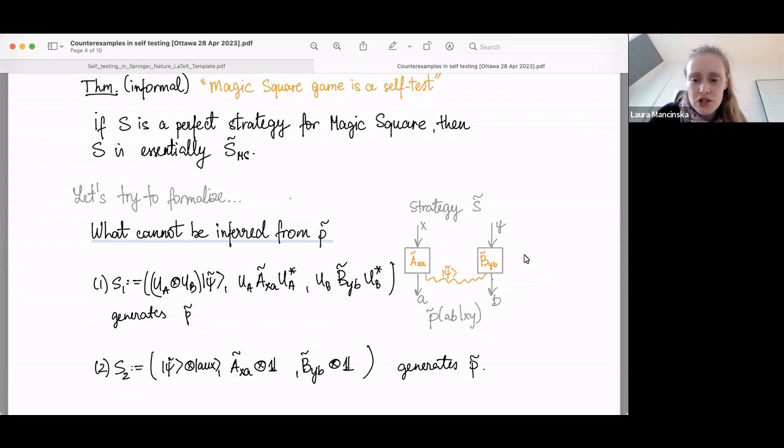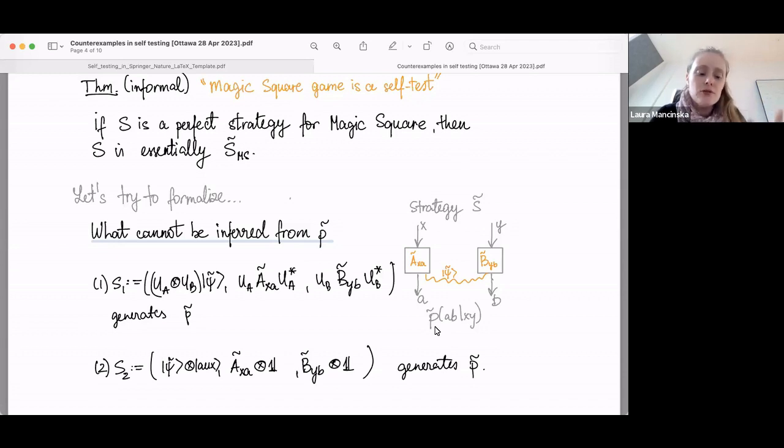So we don't see the strategy itself, we don't see the orange stuff, but we assume that we know this P tilde that it generates. When can we infer S tilde from P tilde? Well, if there is some sort of transformation that we can do on S tilde that leaves P tilde unchanged, then of course we won't be able to discern those two different strategies, right? And I want to point out that there are two different manipulations that you can do to S tilde that leave this P tilde unchanged.